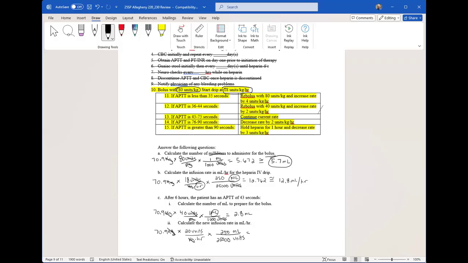And I'm going to take that 70.9 times 20 this time, times 250, and then divide by 25,000. And this time I'm going to get 14.18, but I'm just going to round that to 14.2 milliliters per hour. So it ends up being pretty close, but I think if you wrote an answer of 14.8, you're going to get that question wrong.